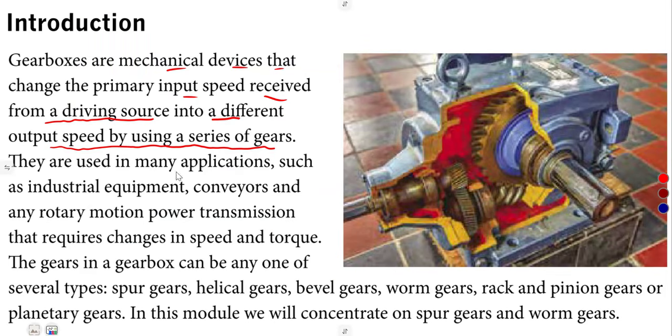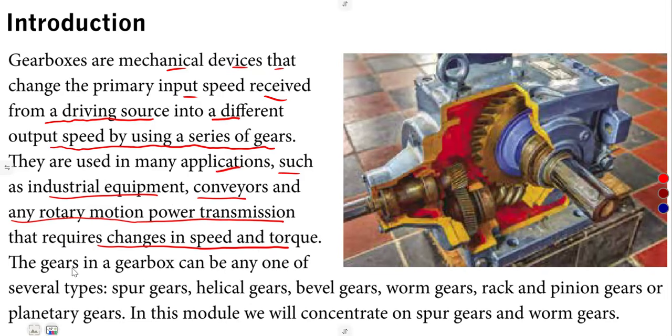They are used in many applications, such as industrial equipment, conveyors, and any rotating motion power transmission that requires change in what? Change in speed and torque. As long as it is about speed and torque, we can use what?